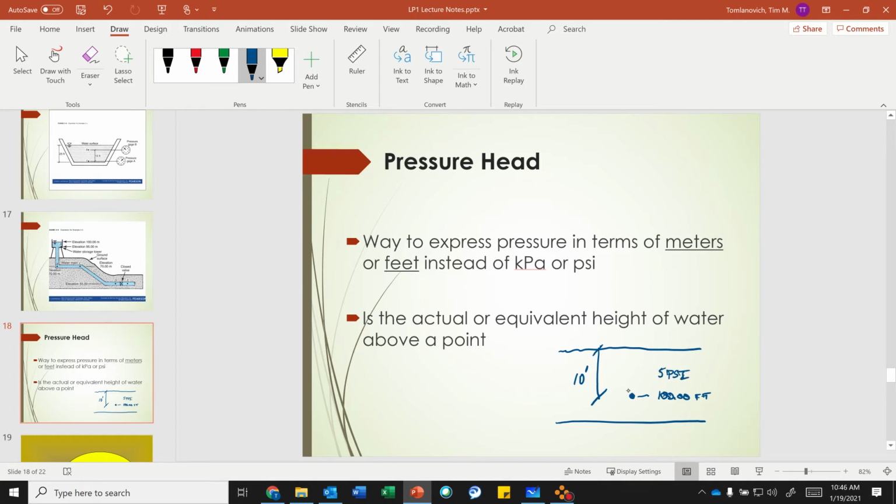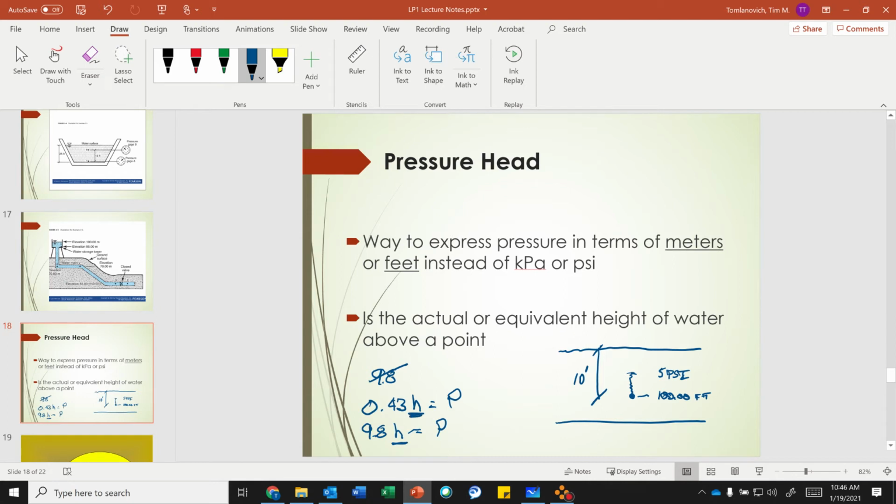Okay, so that means there's a column of water above that pressure reading 5 psi. So knowing 9.8, or let's do English, 0.43 times H equals pressure, or 9.8 times H equals pressure.